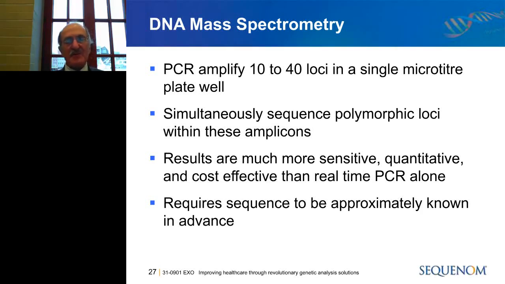So DNA mass spectrometry, we use PCR to amplify simultaneously many loci in a single microtubule well. We have to do this because we want to look at many potential oncogene mutations simultaneously. And once again, we have to consume the whole sample to make the measurements.